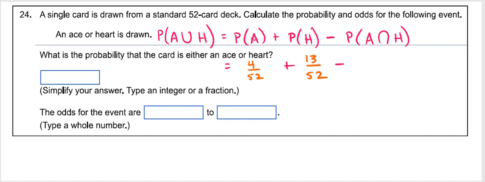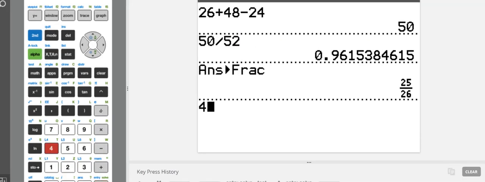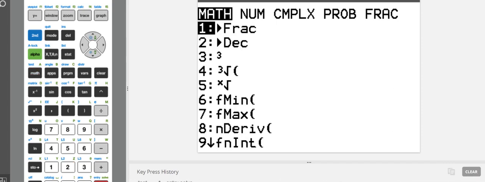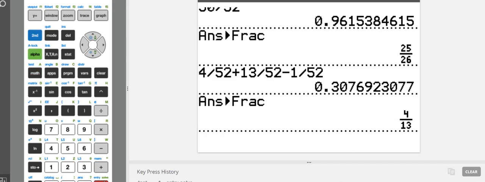There's only one card, namely the ace of hearts, that would be an ace and a heart. So that probability is 1 out of 52. When we use our calculator, 4 out of 52, plus 13 out of 52, minus 1 out of 52, leaves me with 4 out of 13.